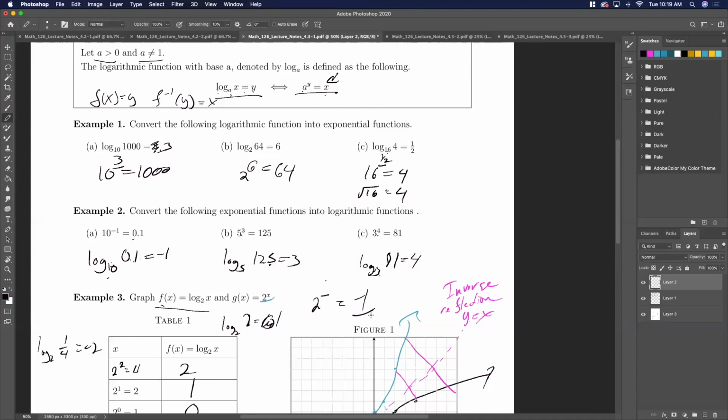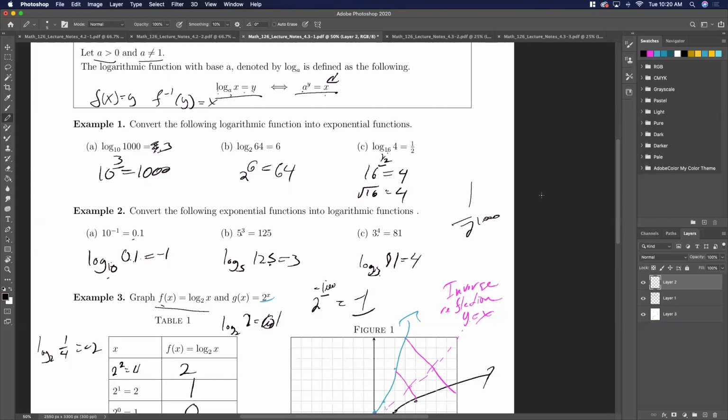Is there any way I can get that? The answer is no, right? Because even if I put in a negative 1,000, I just get really, really small, because this would be the same thing as 1 over 2 to the 1,000. This is really small, but I never can change the sign. So this never becomes negative.